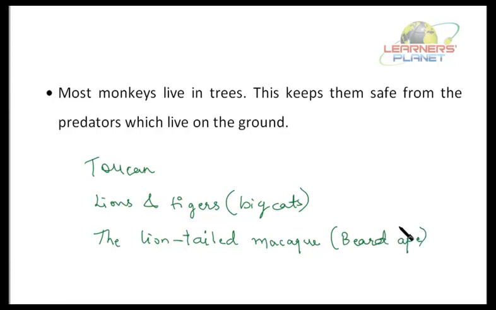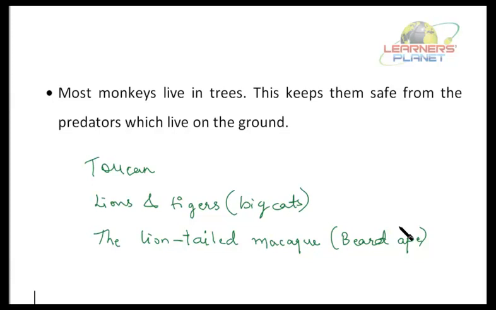This lion-tailed macaque, which is also called beard ape, lives in the rainforests of Western Ghats, and its most outstanding feature is the silver white mane which surrounds the head from the cheeks down to its chin.